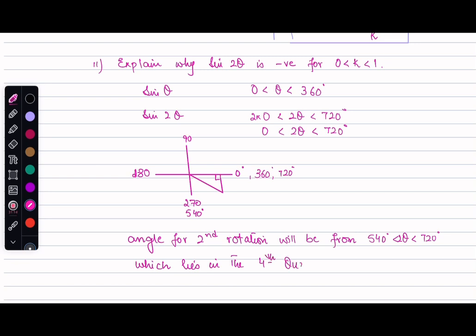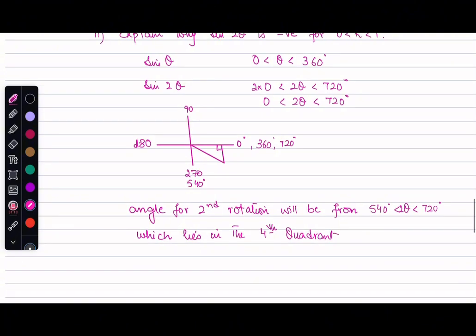Therefore, sine 2 theta is going to be negative. Sine 2 theta will be negative. So this is how this question is supposed to be done here.